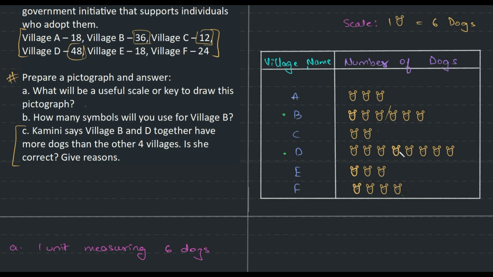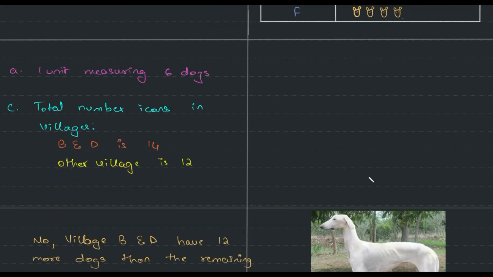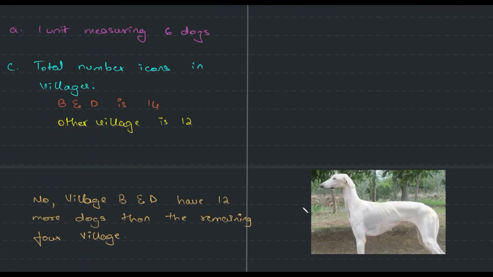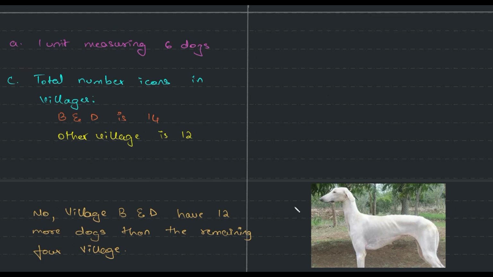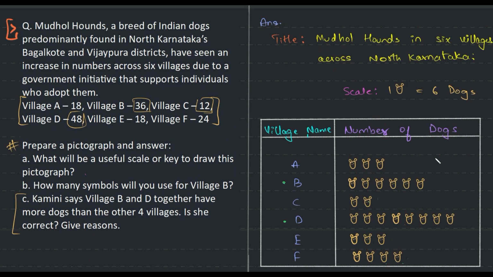So this is 3, and let me actually have a look again. 3 plus 3 plus 3 plus 3, 4 3s is 12. 12 and 2, 14. Yeah, it's correct. So we have 2 more dog pictures, indicating 12 more dogs, right? So that is the answer.